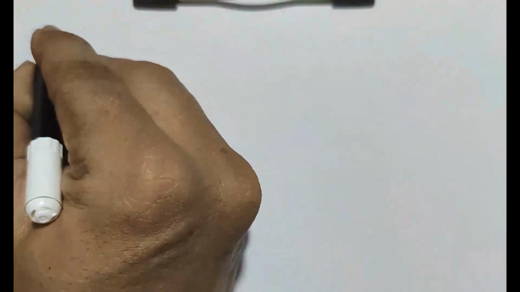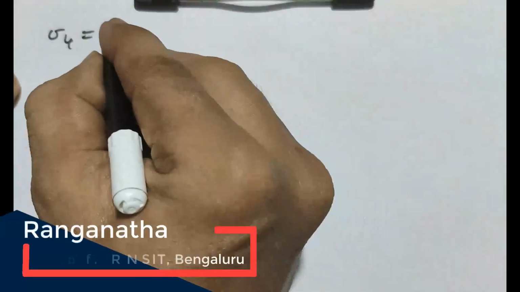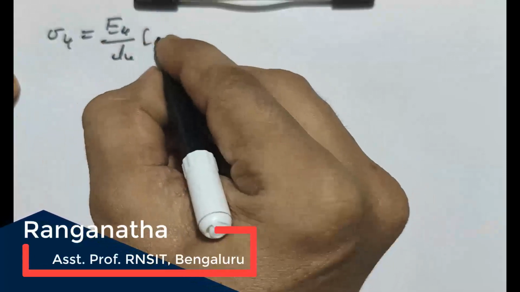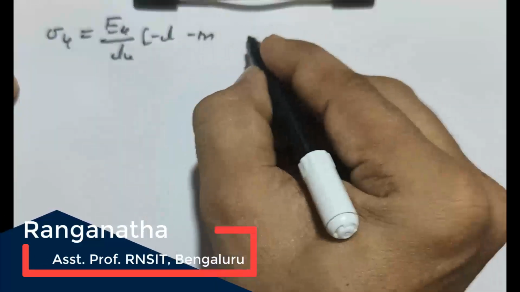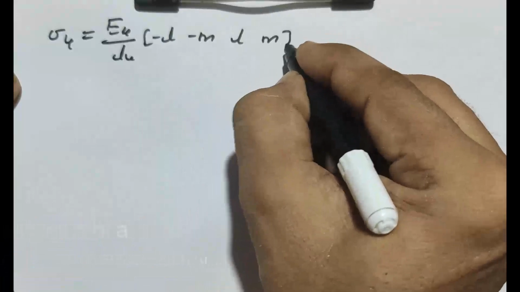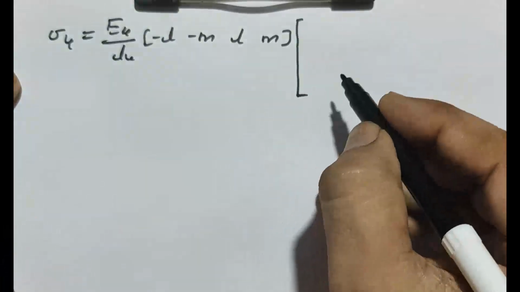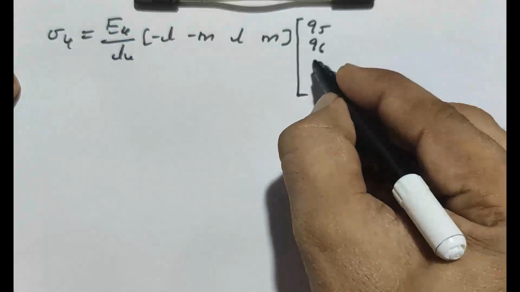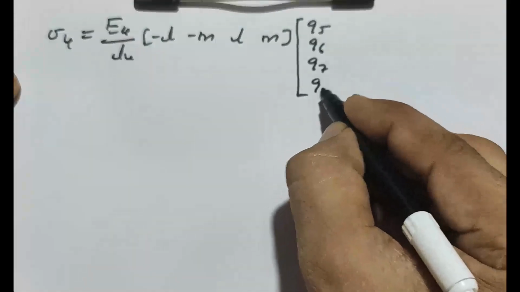Next is stress in element number 4, that is sigma 4 is E4 by L4 times [minus L, minus M, L, M] into Q5, Q6, Q7, Q8.